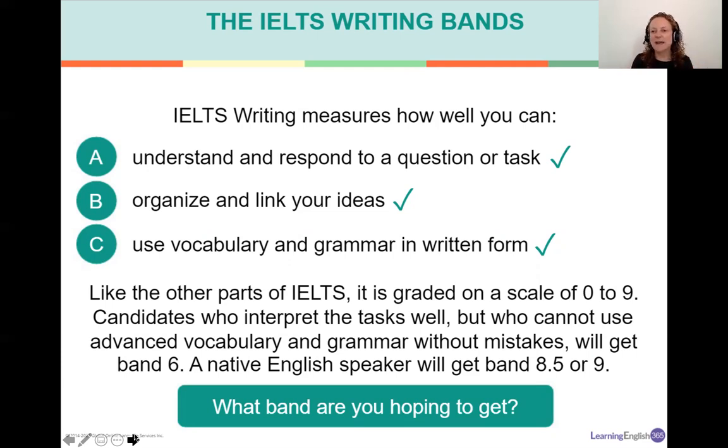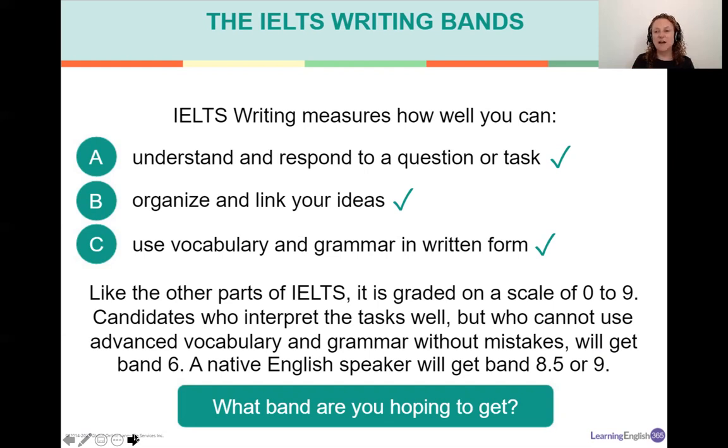And can you do that? And how well do you do it? How well do you organize and link your ideas? Have you written in paragraphs? Are there connecting words? And how well do you use vocabulary and grammar in written form? Okay, we often write very differently to how we speak, don't we?